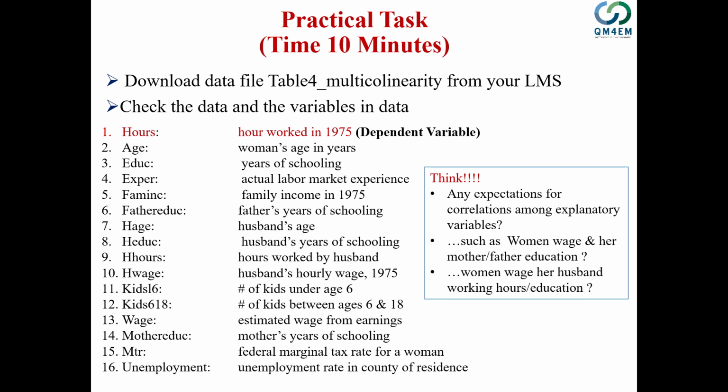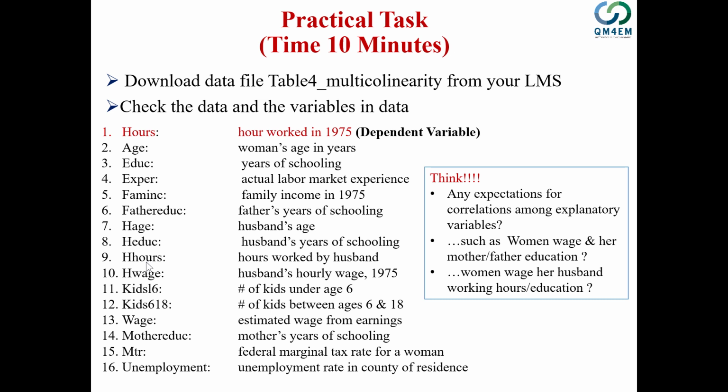Similarly, woman wage, her husband's working hours and education. When a husband is working for more hours, that's the hours husband works, variable number 9, then if a woman's husband is working for longer hours, most probably the female has to stay at home and take care of the children and household, so she may apparently be getting less time for work.